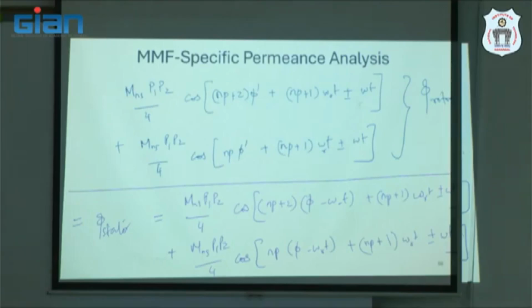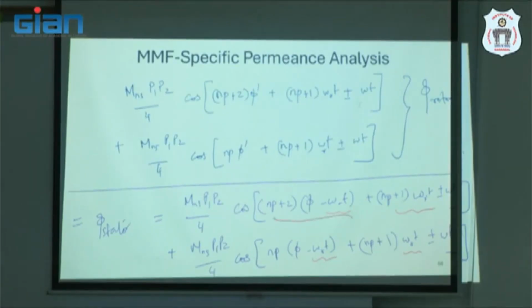I have an omega t term here as well as here. So (np plus 2) times phi minus (np plus 2) times omega t plus (np plus 1) omega t. What will that result in? Minus omega t. Do you agree?